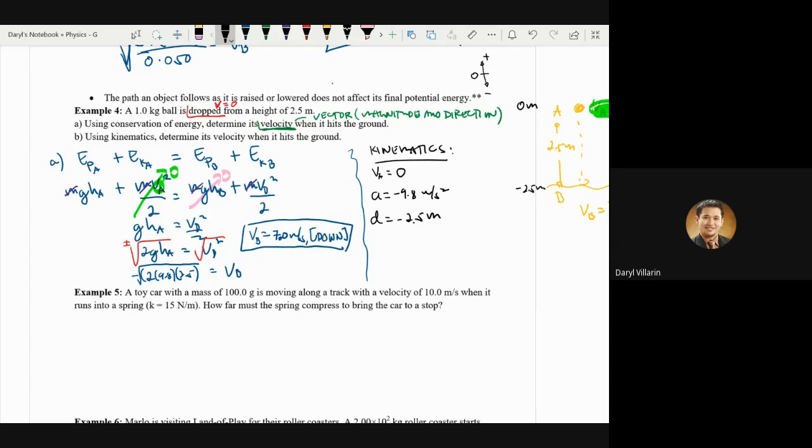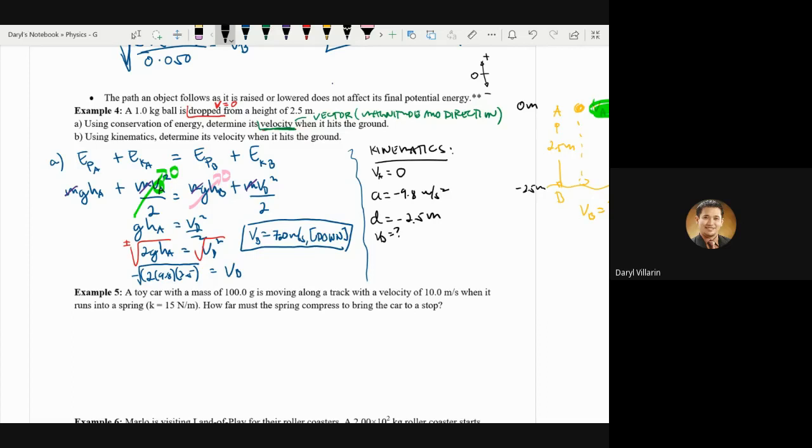Okay. So again, since I'm using the coordinate system of downward as the negative, in this case, downward direction is negative. And I'm solving for vB, that would be my question mark. Well, for the equation that I'll be using, if you can check, you have 1, 2, and 3.